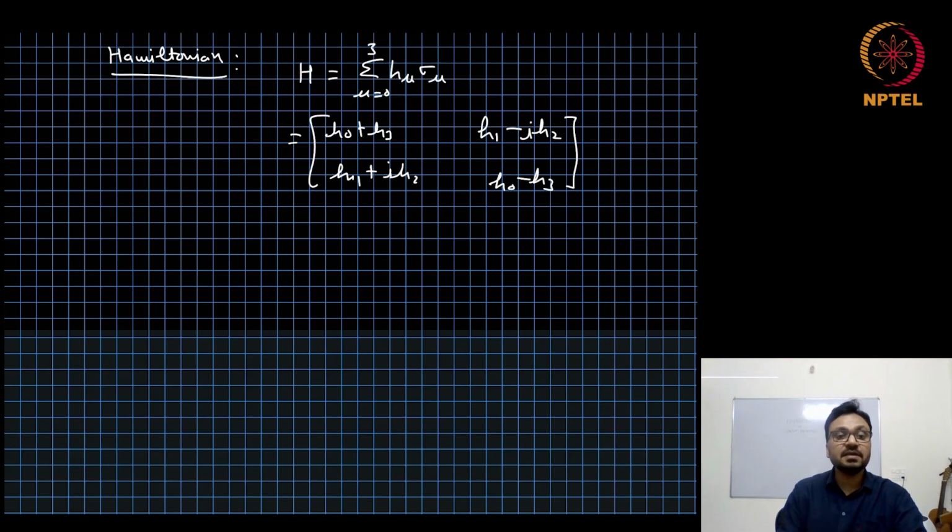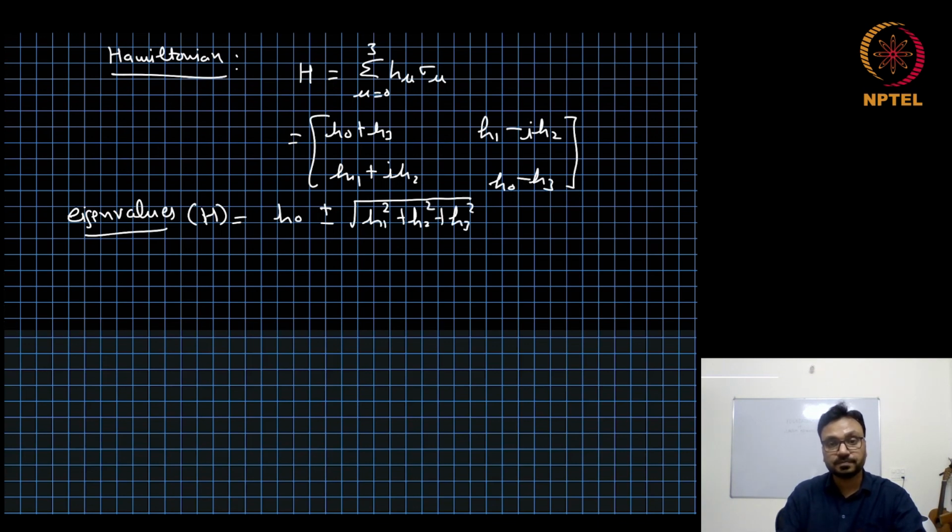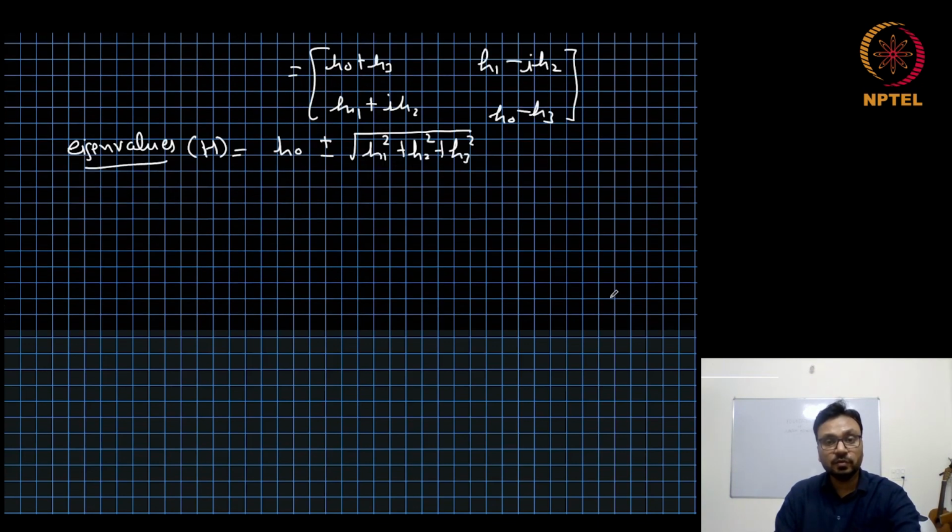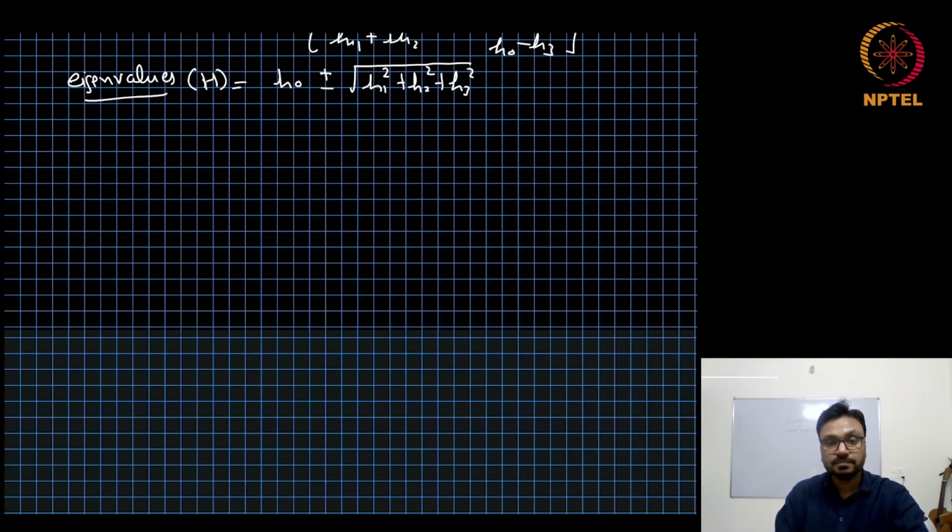Now we are interested in the eigenvalues of the Hamiltonian, which will tell us the energy levels of the system. So the eigenvalues of H can be calculated and turn out to be h0 plus or minus the root of h1 squared plus h2 squared plus h3 squared. It means we have two energy levels.